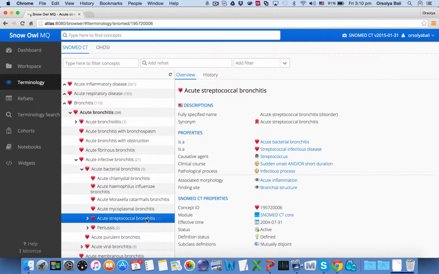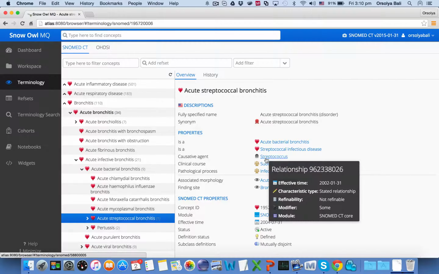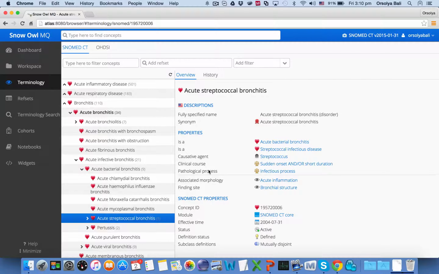So in this case, the clinicians should have the option to record this detailed concept on the patient record, where besides the previous information that we were looking at, we know that this has a causative agent, which is Streptococcus, and this is a bacteria. And we know that the pathological process is an infectious process.